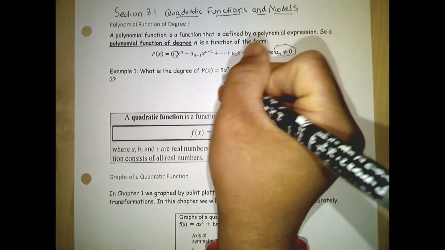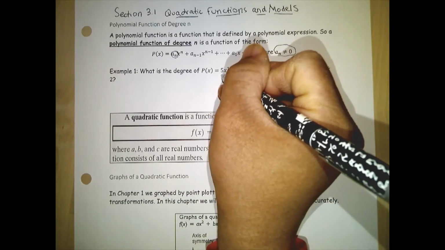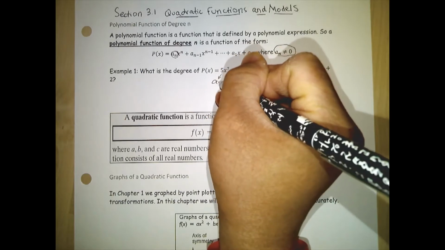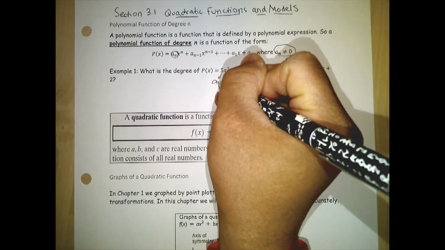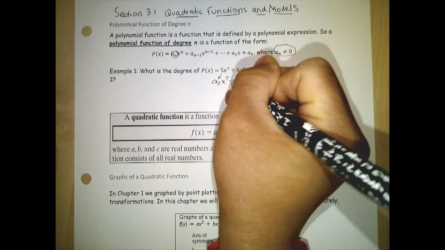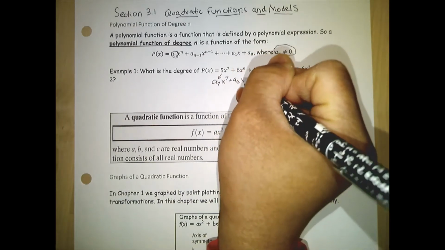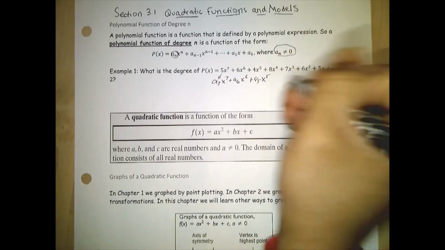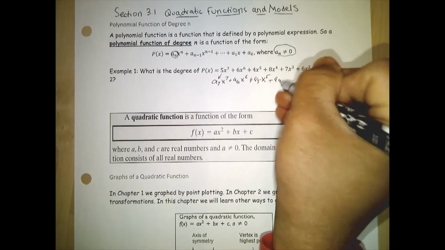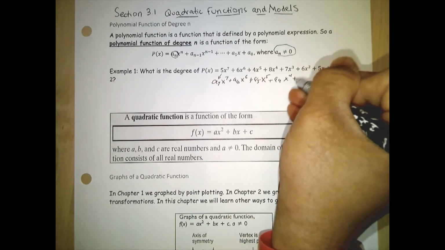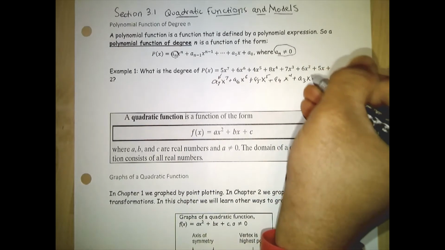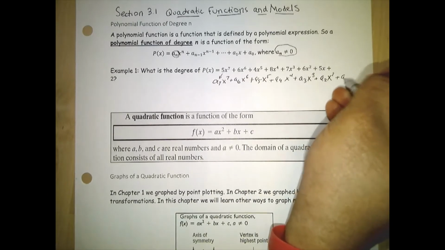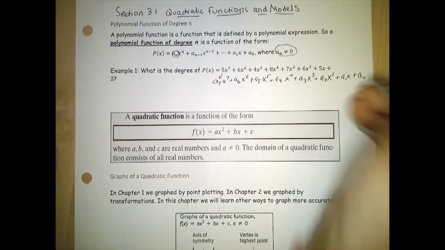So you can see here that this will be a 7x to the 7 plus a 6x to the 6 plus a 5x to the 5th plus a 4x to the 4th plus a 3x to the 3rd plus a 2x squared plus a 1x plus a 0.